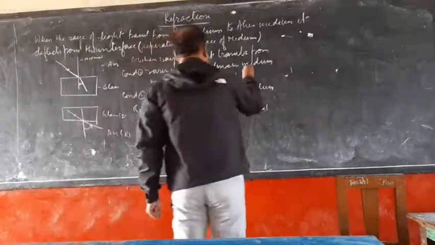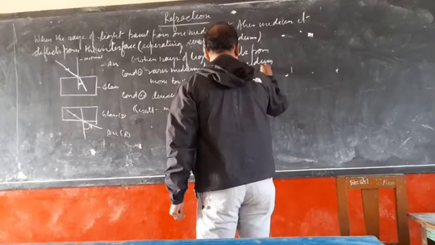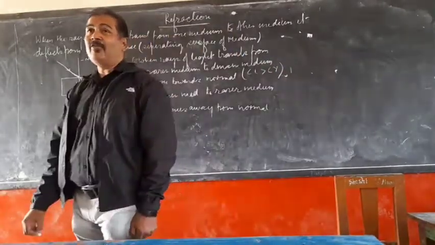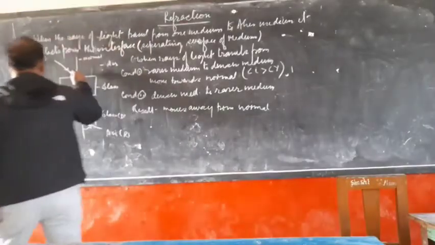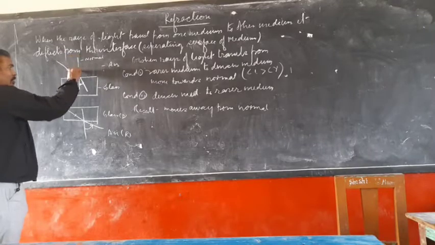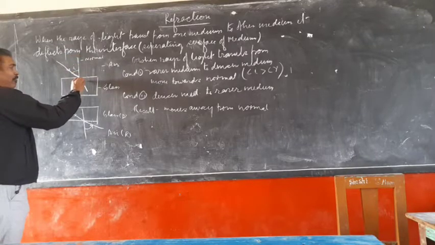What is the significance in this case? Here, the angle of incidence is greater than the angle of refraction, not reflection, angle of refraction. The angle of incidence is the angle between the incident ray and the normal. This is the angle of refraction.